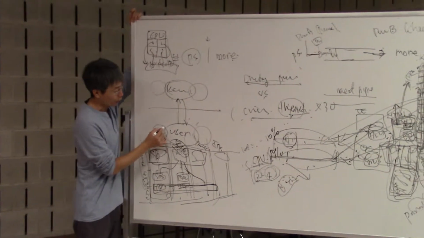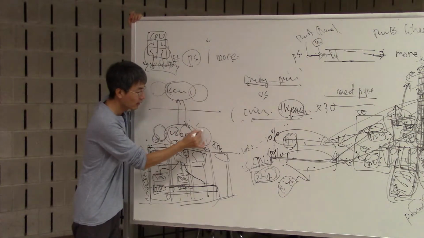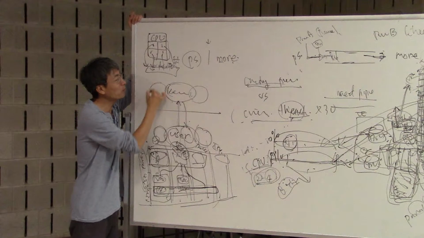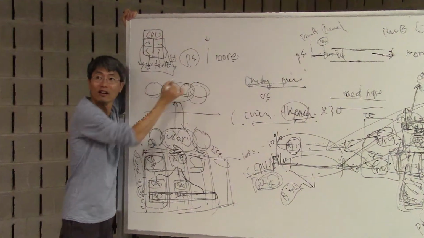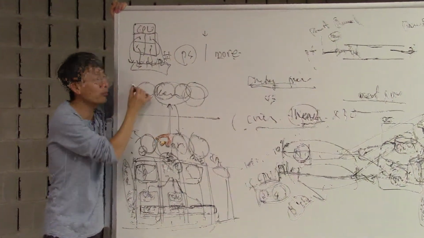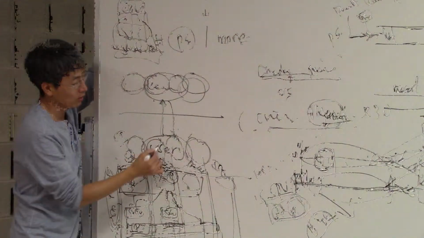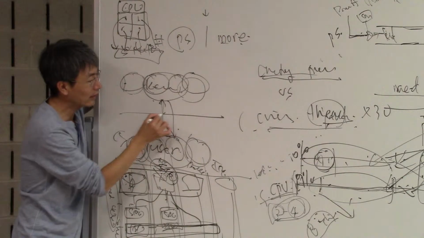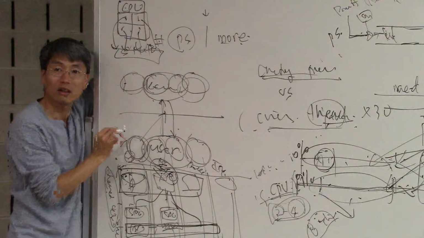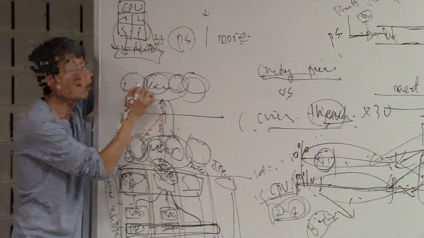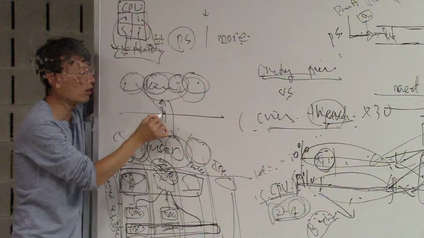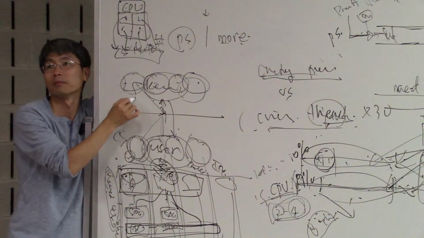When you use multiple user threads and multiple kernel threads, that is called many-to-many, the multithreading model. Which means a user thread can request a system call, then one of the available kernel threads will take the job.